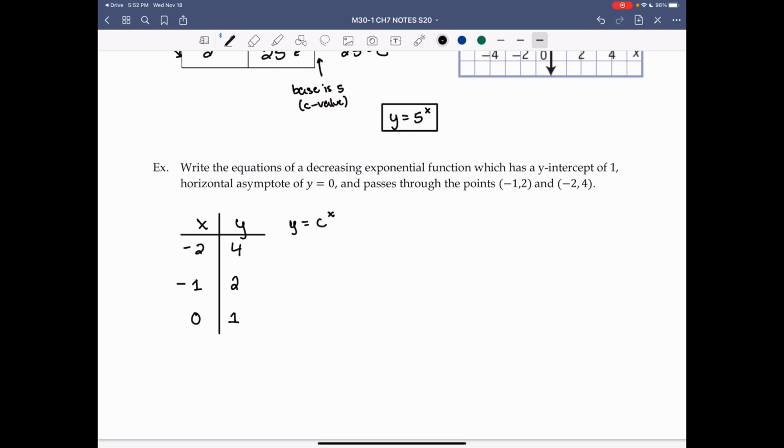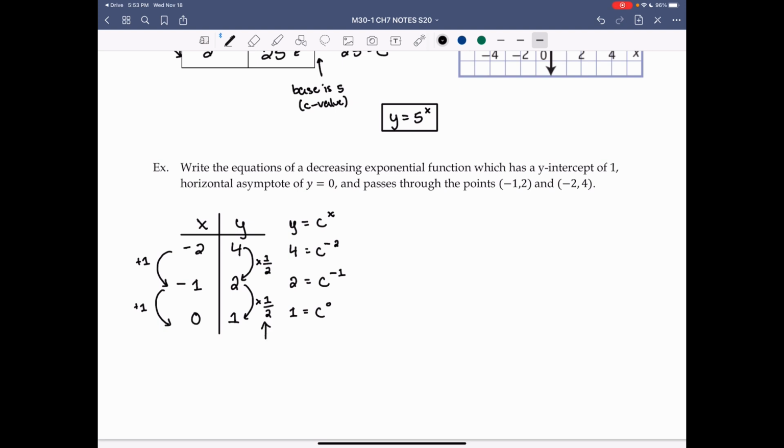The point (-2, 4) tells us that 4 equals c to the power of -2. The point (-1, 2) tells us that 2 equals c to the power of -1, and the point (0, 1) tells us that 1 equals c to the power of 0. If we look at our x values, they are increasing by 1. -2 to -1 is +1, -1 to 0 is +1, and our y values, 4 to 2, we'd have to multiply by 1/2. 2 to 1, we are multiplying by 1/2.